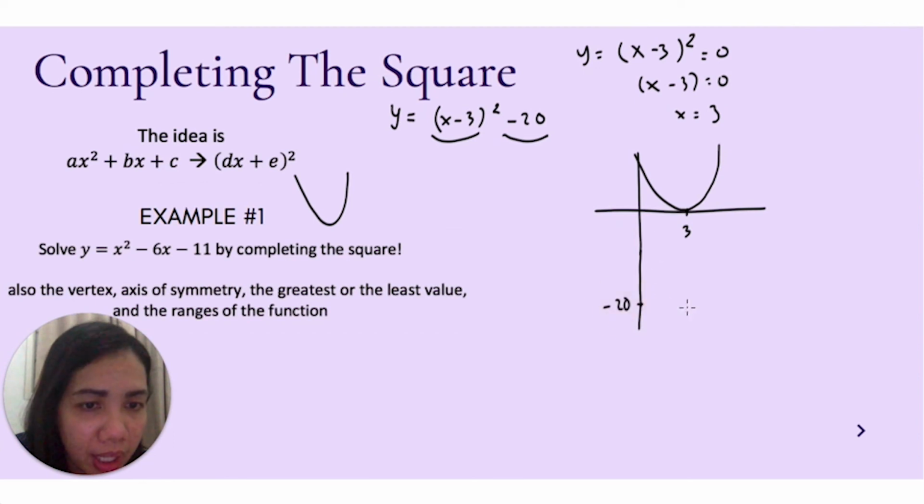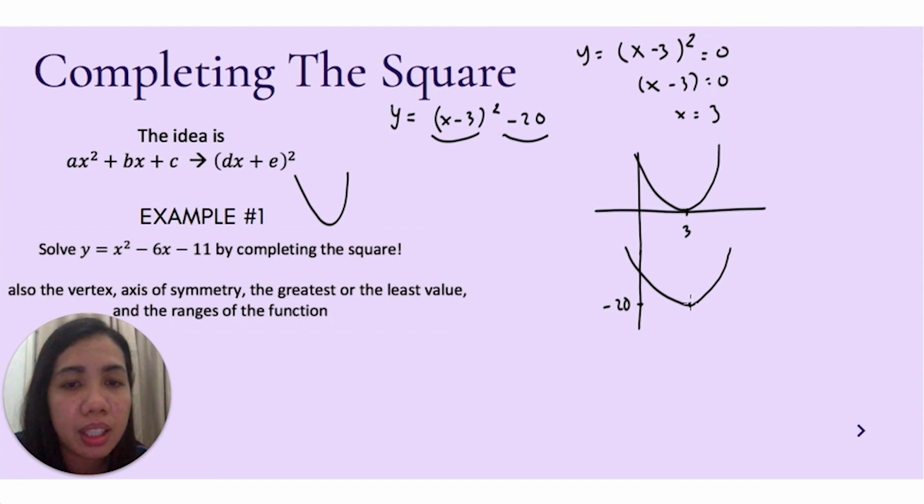So if I shift, the parabola will be like this. Okay, this is the parabola. So if it is plus 20, then the parabola will shift upward.